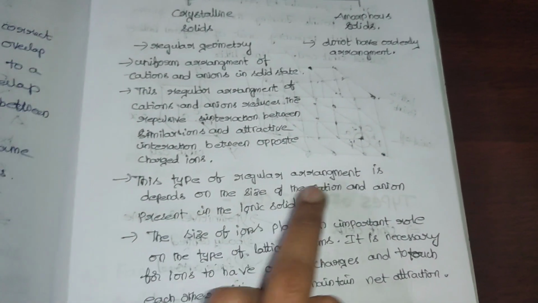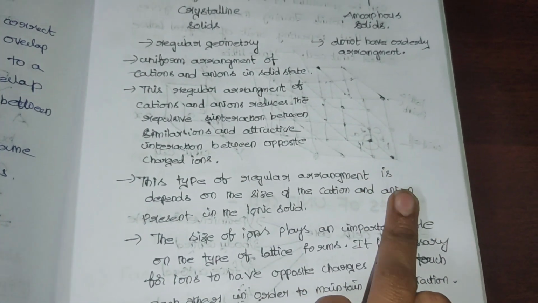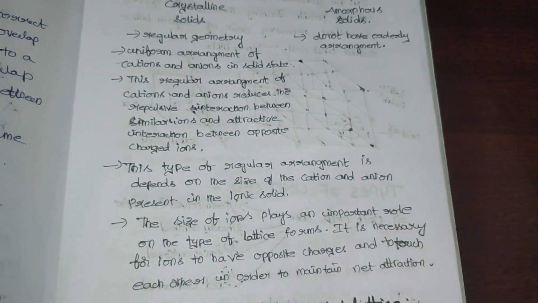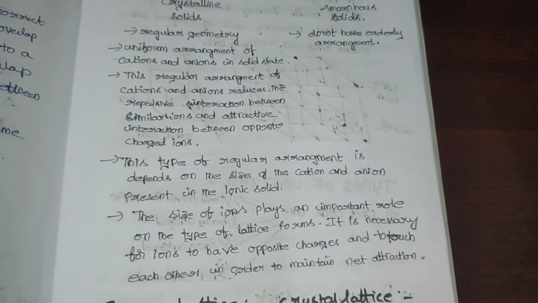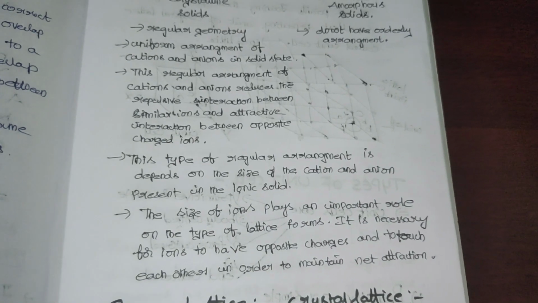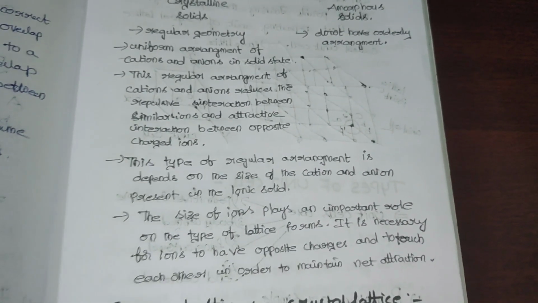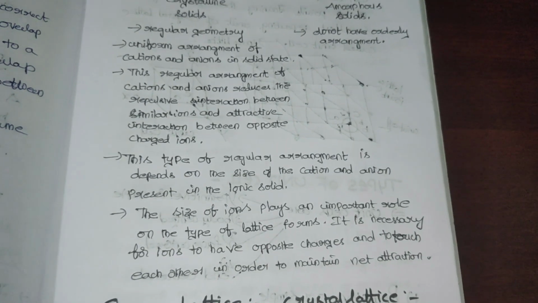Because of all these characteristics, the crystalline solids have a more stable structure, and this type of regular arrangement also depends on the size of the cation and anion present in the ionic solid. The size of the ions plays a very important role in the type of lattice formed. It is necessary for ions to have opposite charges and to touch each other in order to maintain net attraction.